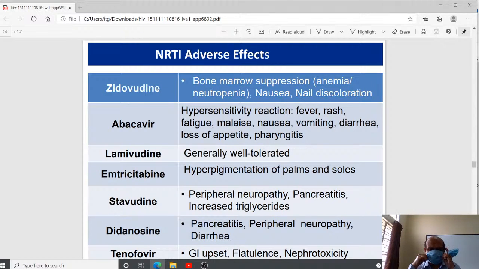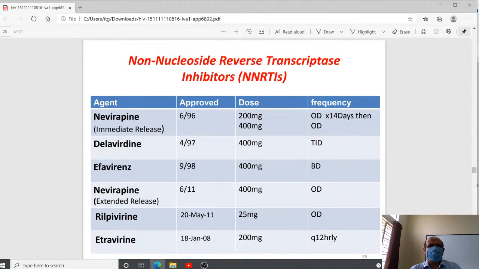Stavudine causes peripheral neuropathy and pancreatitis, and increases the triglycerides. Didanosine, pancreatitis and peripheral neuropathy and diarrhea. And tenofovir, that is GI upset, flatulence and nephrotoxicity.